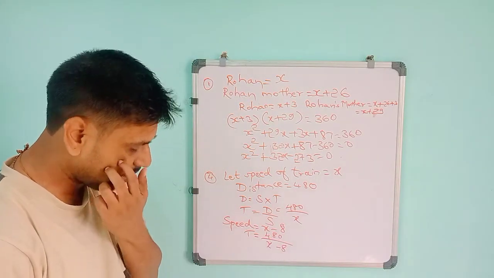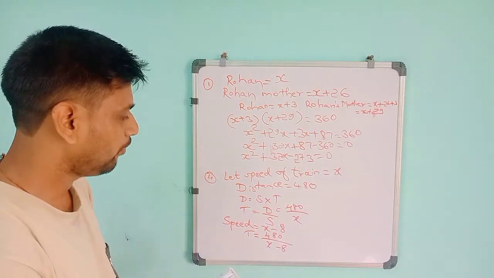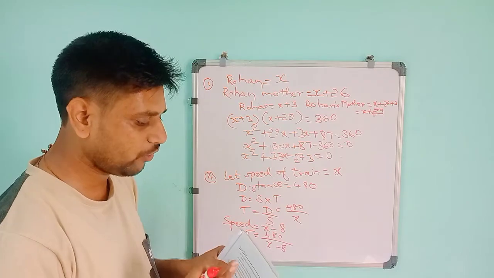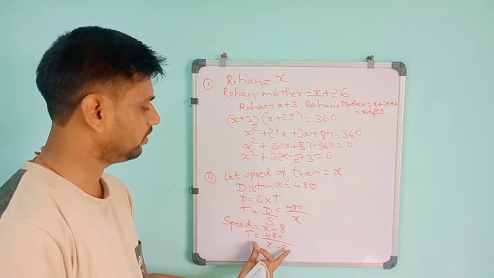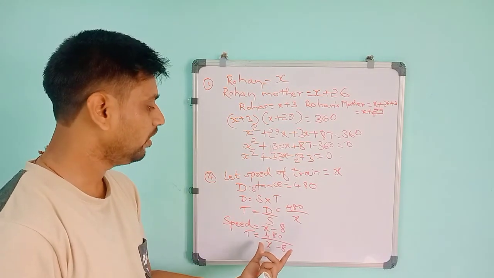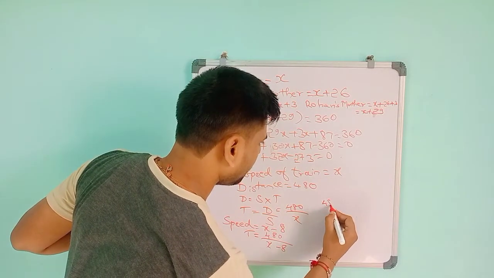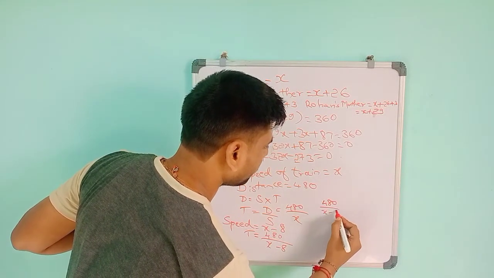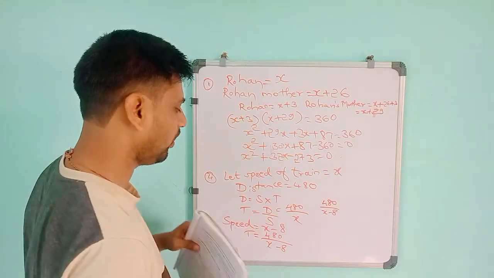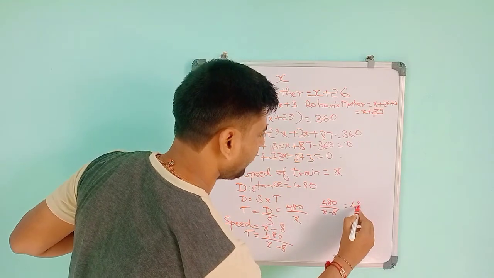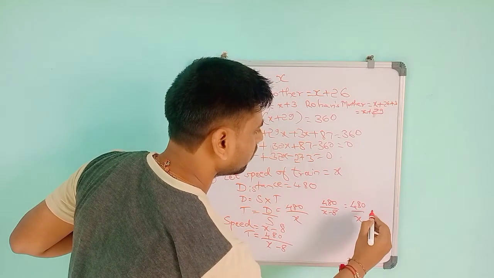They have given the same distance, so distance is 480 only. But they have given one condition: it would have taken 3 hours more. So 3 hours more means 480 by x minus 8 is equal to 480 by x plus 3 hours.